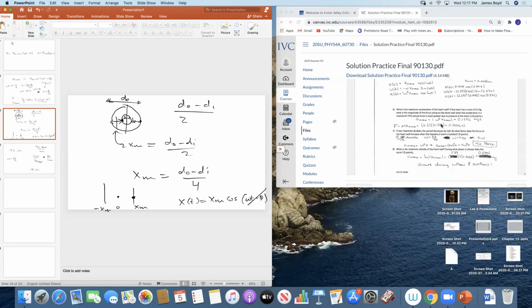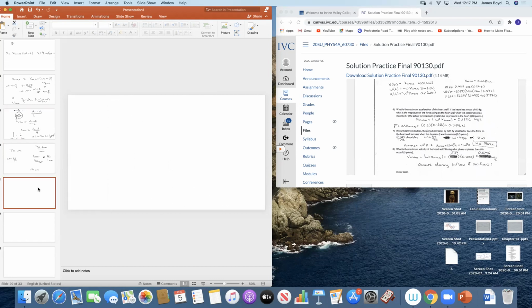The rest of this problem is finding the maximum acceleration, which we already did today. If the heartbeat doubles, then what happens to the force? Now, that's a little bit weird, because we know that a is omega squared x max cos(omega t minus phi), and the force is ma, so m times this. Now, if the period is halved, because the heart rate doubles, it has to do 2 of them in the same time of 1 period.